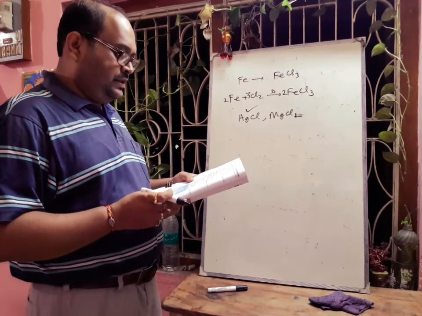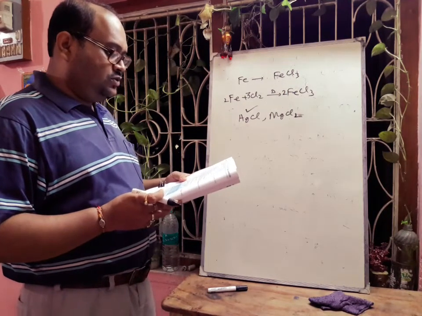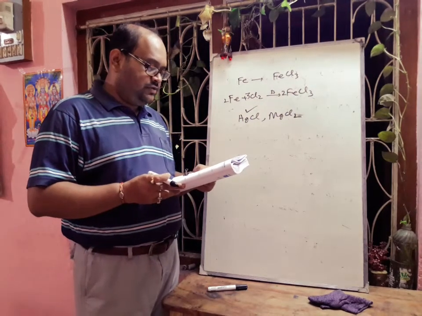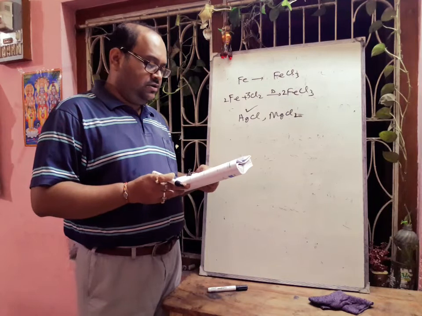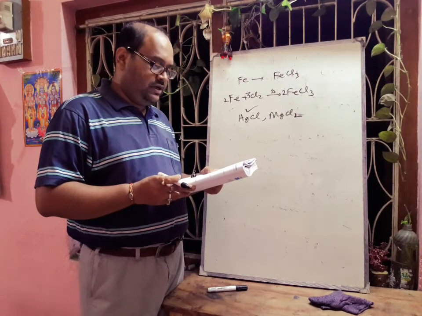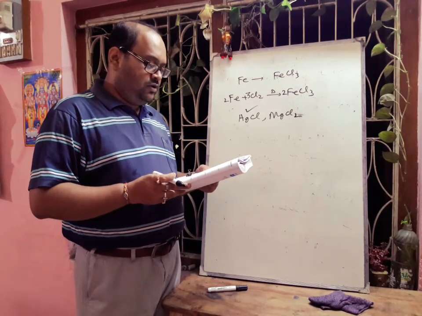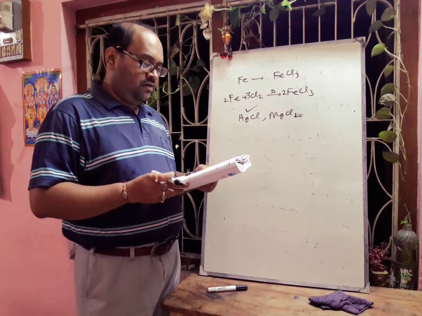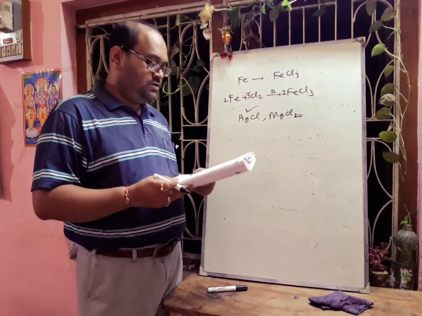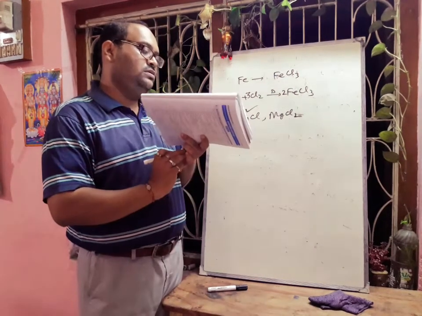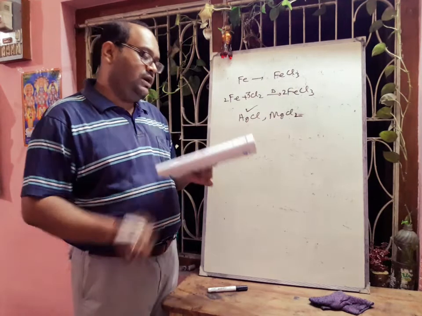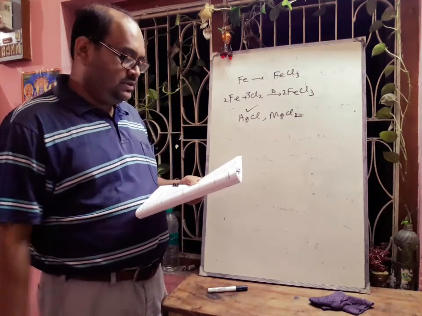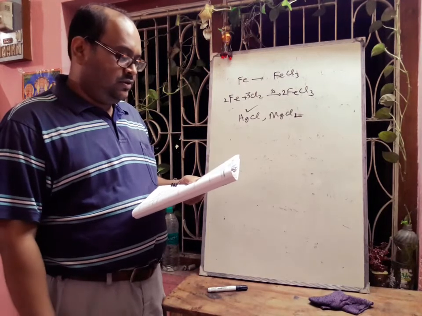Next, choose the salt that most appropriately fits this description: a deliquescent salt. Now this is out of your portion, but if you want to know, deliquescent salts are one type of salt that will absorb moisture and become liquid.